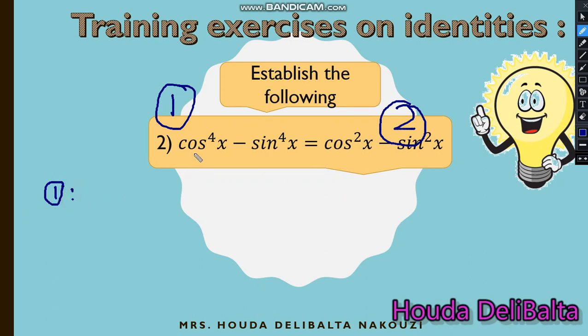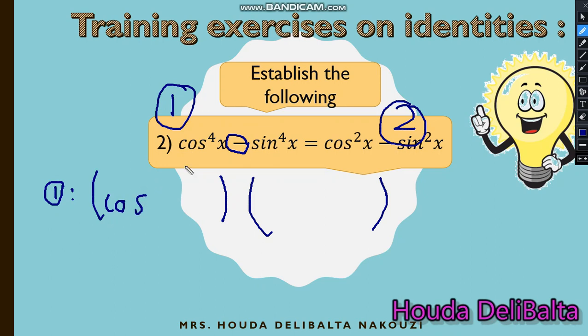I have that cosine power 4x and sine power 4x are separated by a minus sign. Then I can apply the difference of two squares identity. Notice, we are using the identities of factorization and expanding in trigonometry. Okay? So I can write it like this.